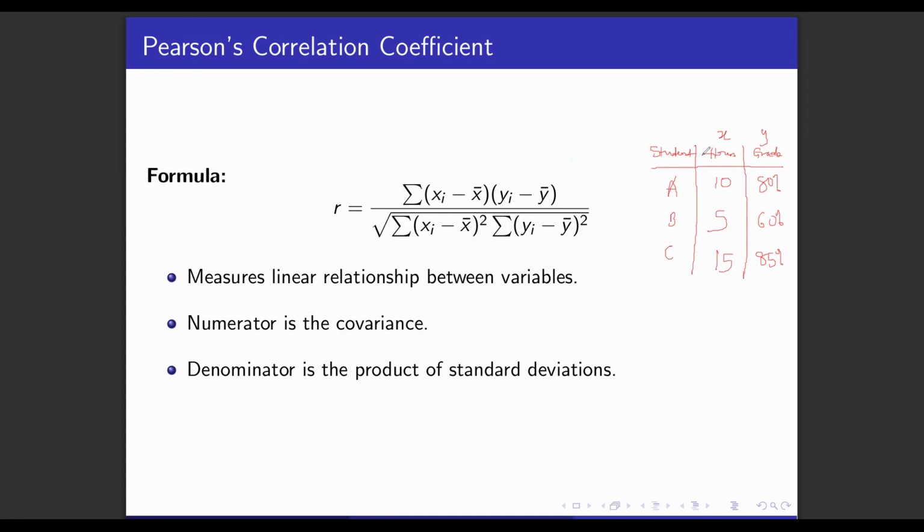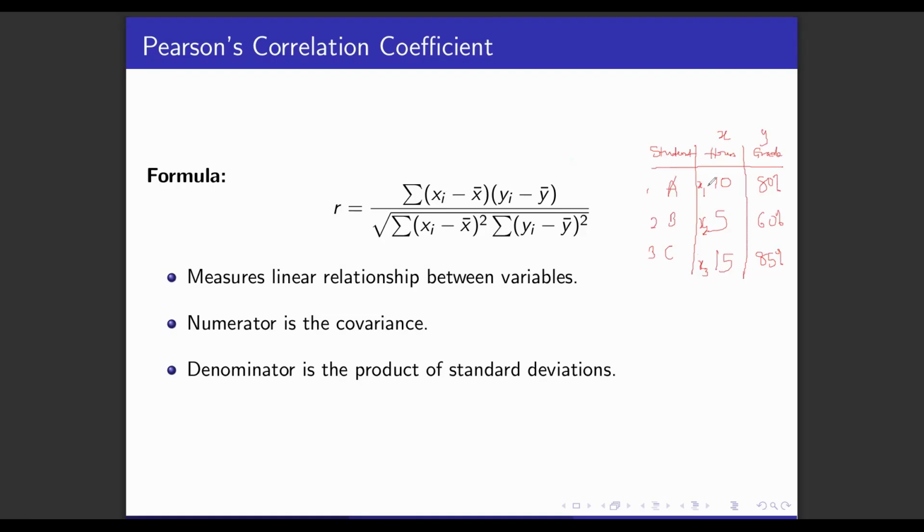So in this case, if X is for hours, then student A is the first student, student B is the second student, student C is the third student. So this 10 is X1, this is X2, and this is X3. So you see that Xi represents the ith student.